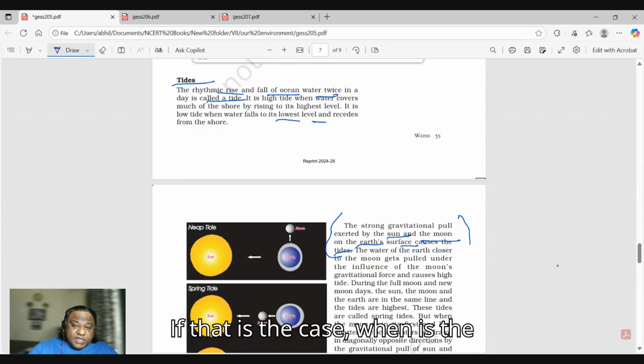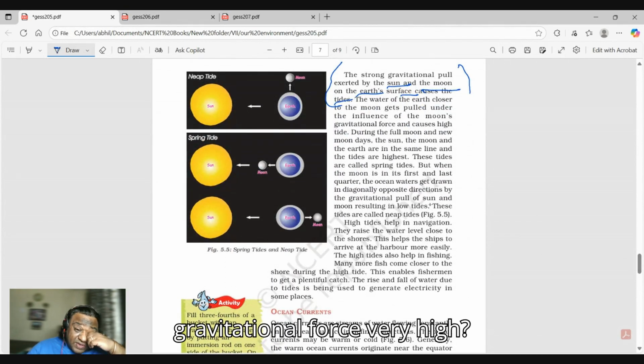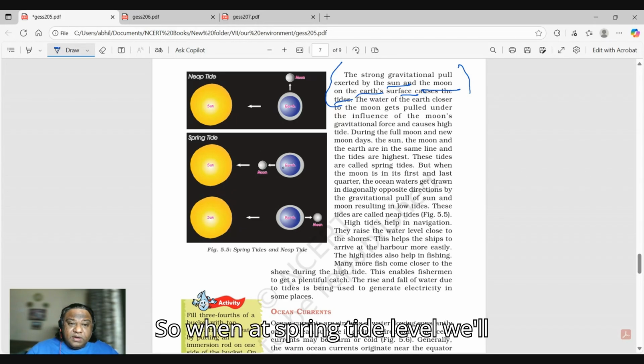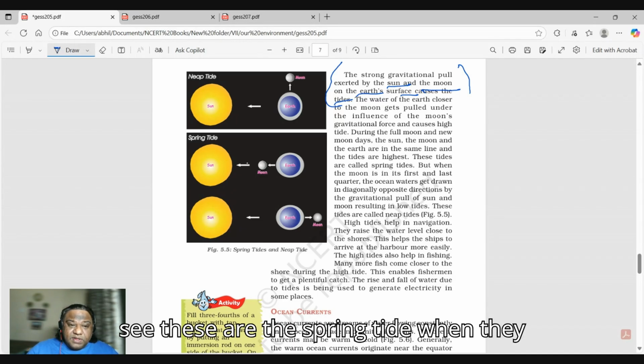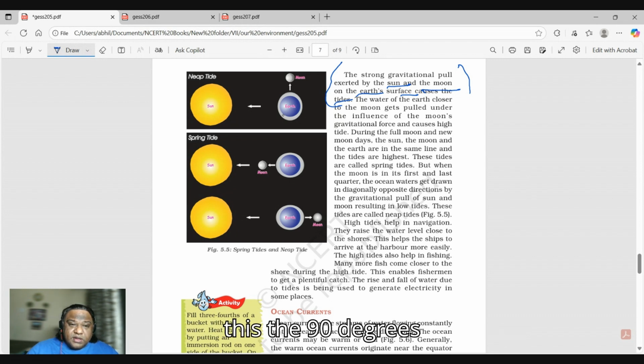So if that is the case, when is the gravitational force very high? At spring tide level, when they are in line. Neap tide is when they are at a 90 degree position.